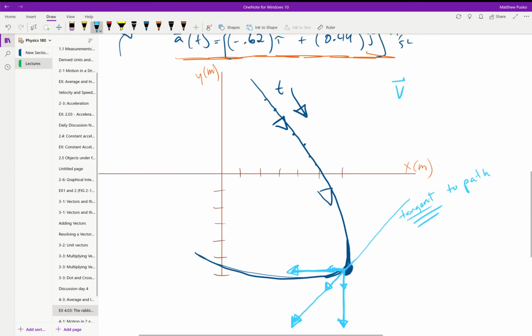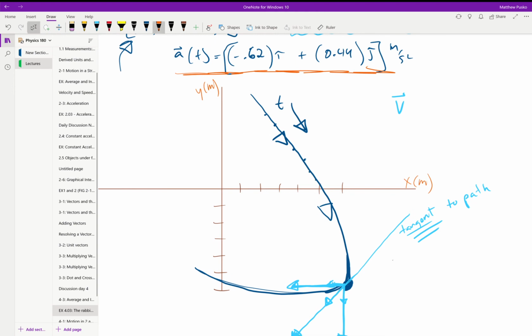For the acceleration, let's choose orange. We have a negative 62, so just something going in this direction, in the negative I direction. That's that one. And then a positive 44. So not quite as much as the 62.